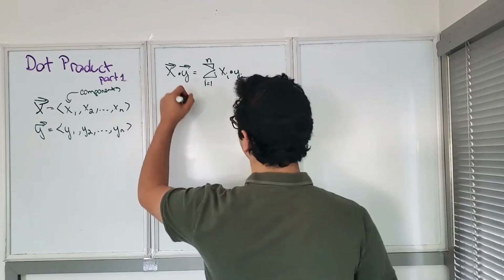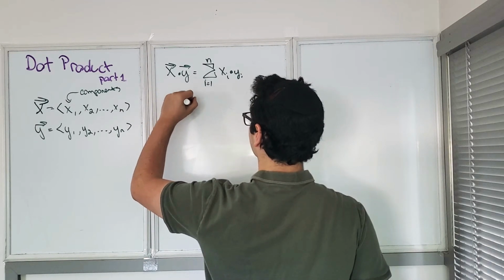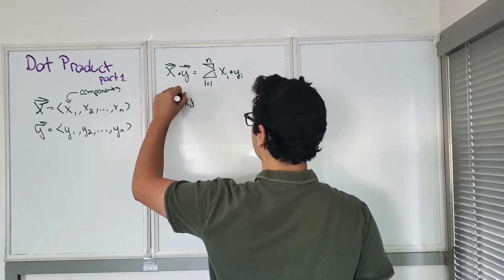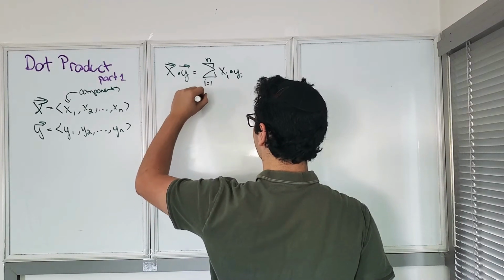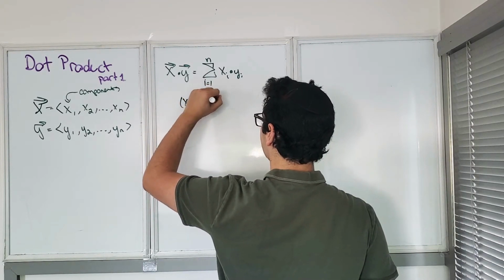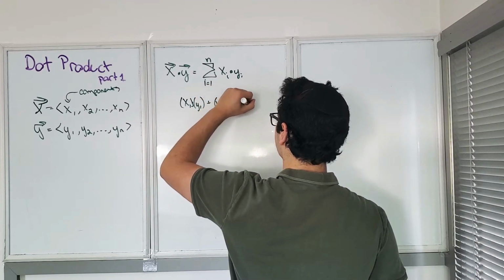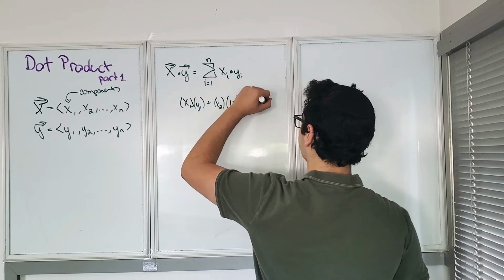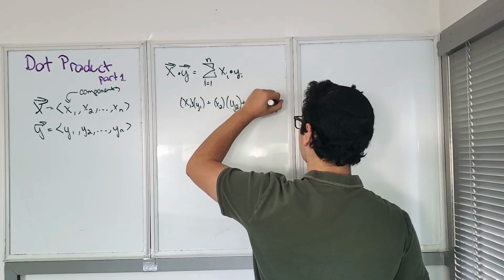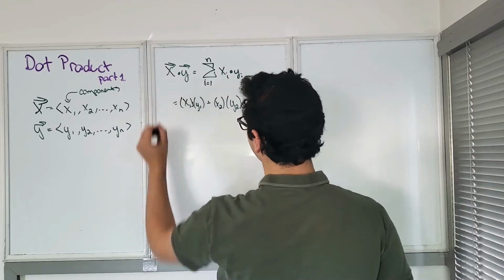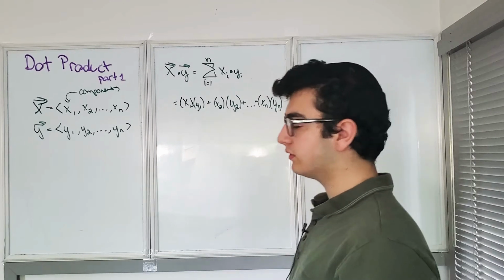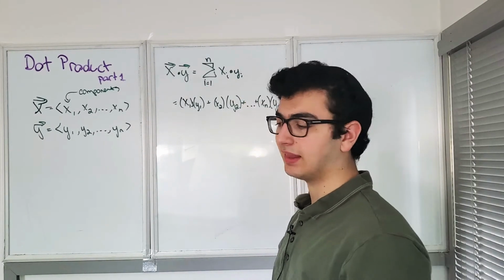So you'd say x1, no dot over there, we could just write x1 y1 plus x2 y2 plus all the way up to xn yn. That is what that means. It's basically a basic definition.